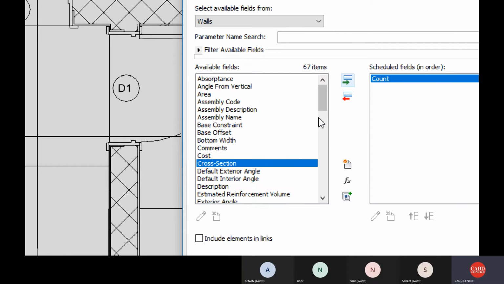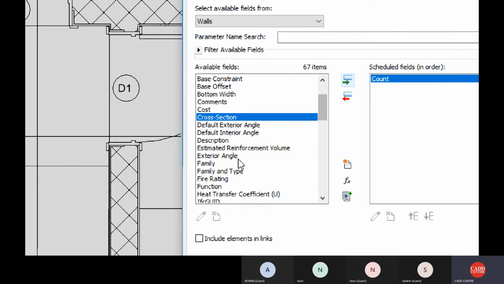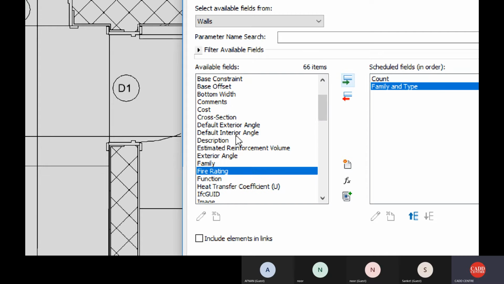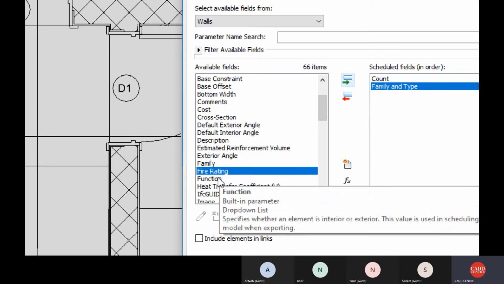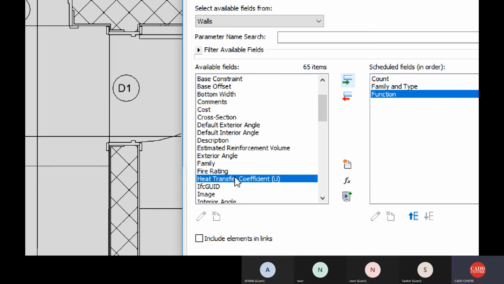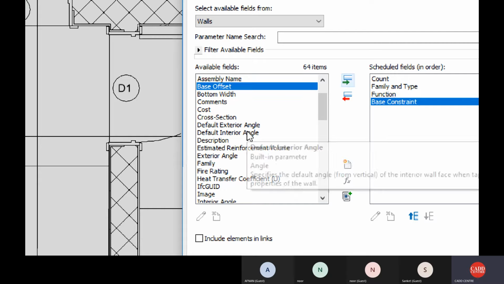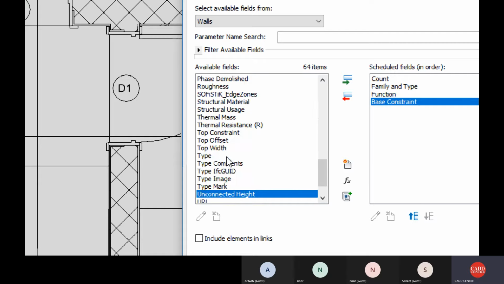So first is the count basically. Then what's the family and type. Then I need the functionality of the walls. Then maybe I need the base constraint, which level they are, and the unconnected height, what height they are.